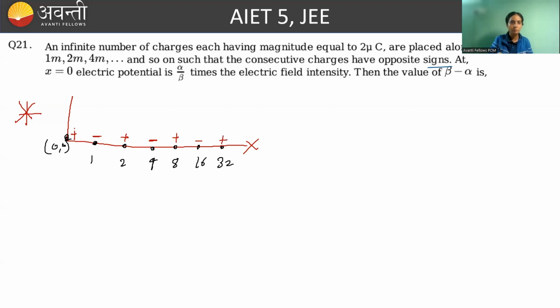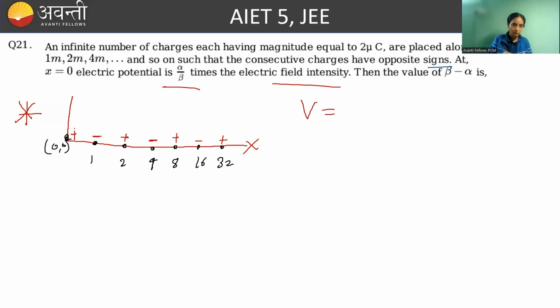2 microcoulomb. Now what is said: at x equal to 0, the electric potential is alpha by beta times the electric field intensity. So at the origin, we have to calculate the electric potential and electric field, and this relation is given, then we have to calculate beta minus alpha. So let's calculate the potential. How will you write potential? What is the formula for potential?